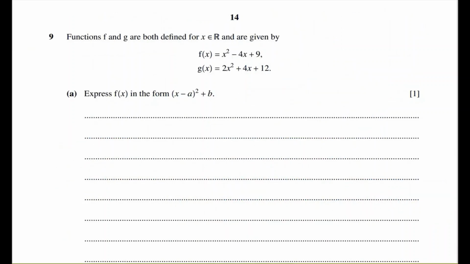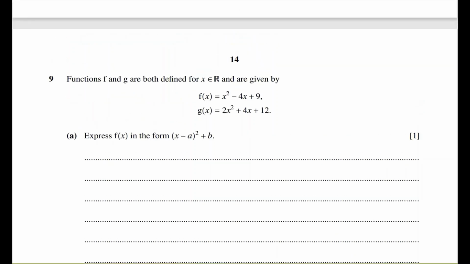The functions f and g are both defined for x in R and are given by f of x equal to x squared minus 4x plus 9, g of x equal to 2x squared plus 4x plus 12. Express f of x in the form (x minus a) the whole square plus b, that is completing the square.